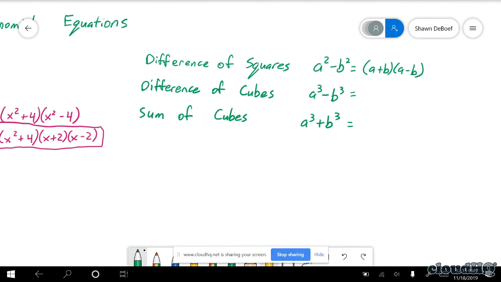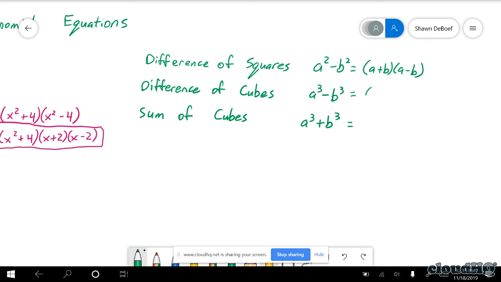Both of these factoring patterns, unfortunately, are a little more complicated than the difference of squares. Fortunately, though, they're very similar to each other. You do have to know them, you do have to memorize them, but at least they're both very similar. The difference of cubes goes to this.